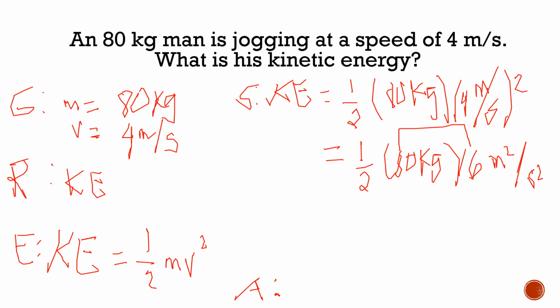So I'm going to put here again the 1/2. 80 times 16, this is 16, not 6. So 80 times 16 is equivalent to 1,280.